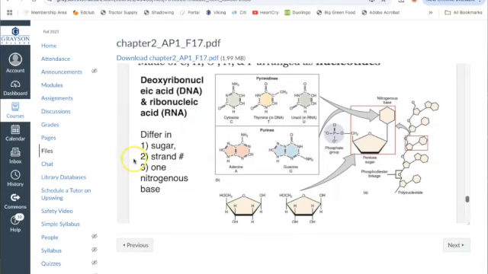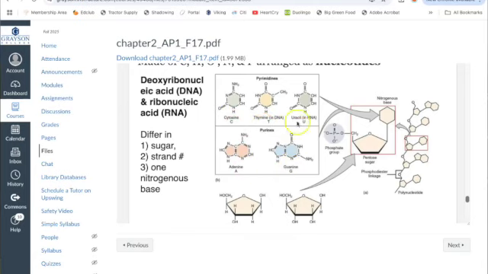So the difference is the amount of sugar, the strand, and one nitrogenous base. Where is it located? So a couple of things to remember: we're going to abbreviate them with C, T, U, A, and G.